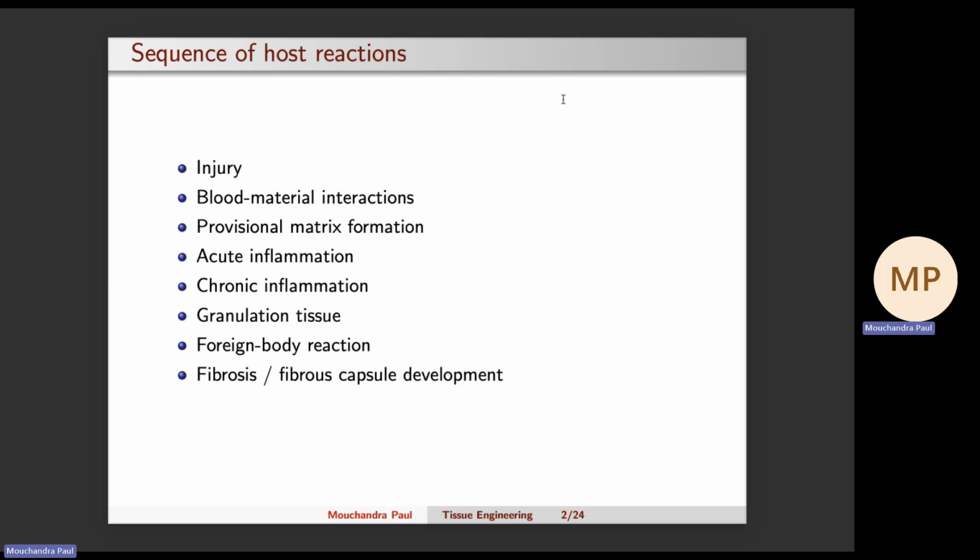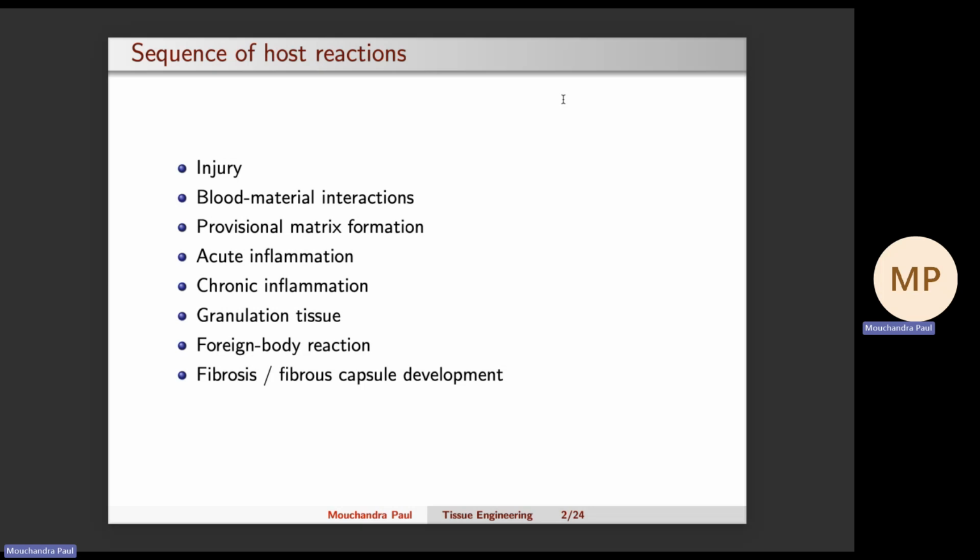Then ultimately a granulation tissue, a slightly pink colored tissue. If you remember, we already discussed this when we talked about the normal wound healing process. There also granulation tissue gets formed. So here also granulation tissue will form, and then depending on the size of your implant, if it is a very big implant, there will be frustrated phagocytosis by the macrophages, and thus we see a foreign body reaction at the site of implantation.